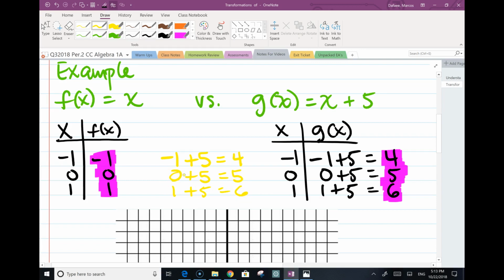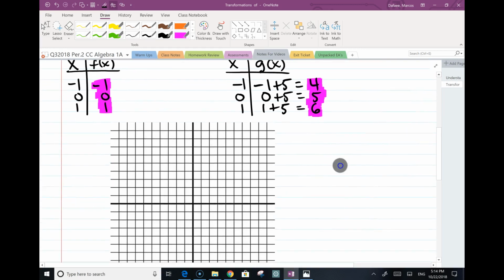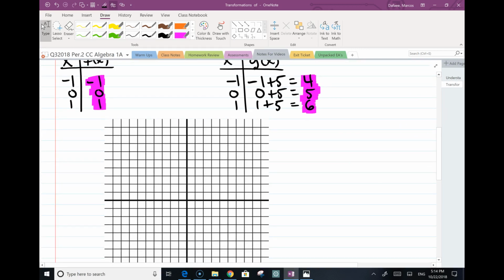So with this in mind, we are able to look at the graphs and see how they actually vary from each other. So let's go ahead and take a look at that. I'm going to take the input-output values and create 2 lines from them. So the first will be negative 1 and negative 1, which would be right about here.